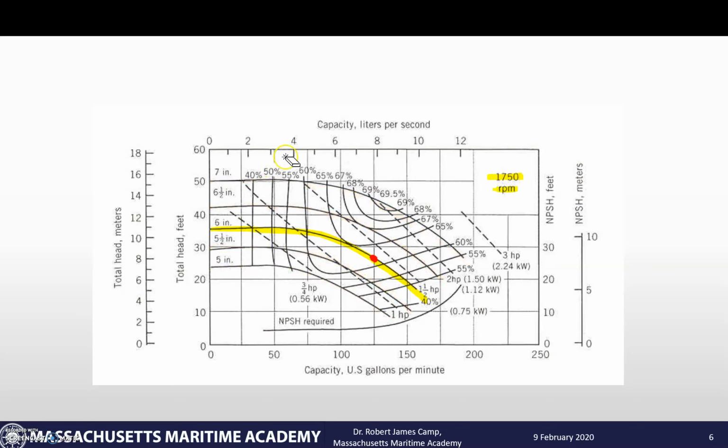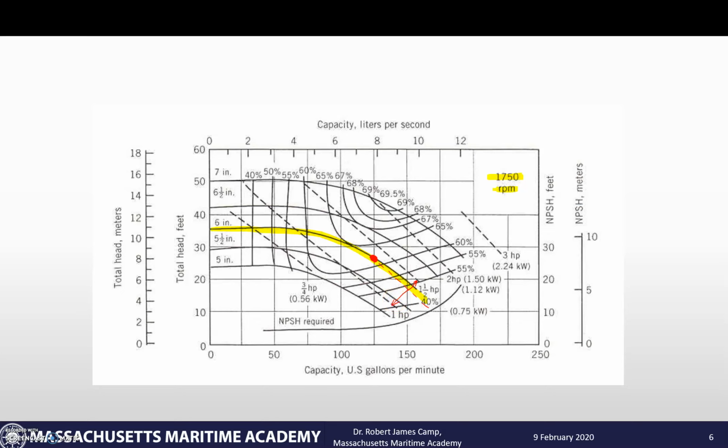Now this is where we start taking a look at what else is going on. Let's get rid of these other highlighted lines. Now if I look over here, I see these parallel dotted lines. These parallel dotted lines are all labeled with a horsepower rating. So that's got to be our brake horsepower. How do we read that? If I draw my own dotted line here, parallel to all the other ones, that tells me where I'm at on this axis.